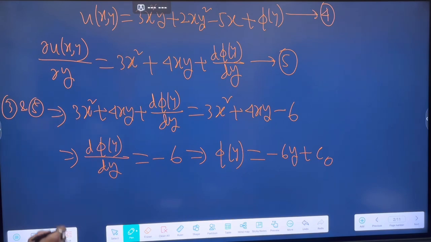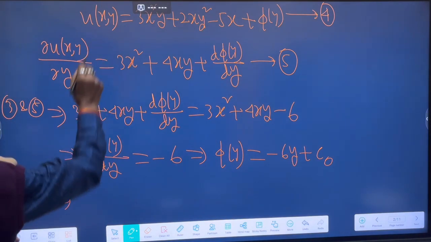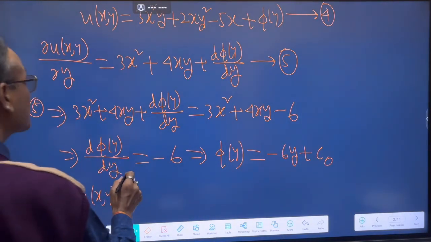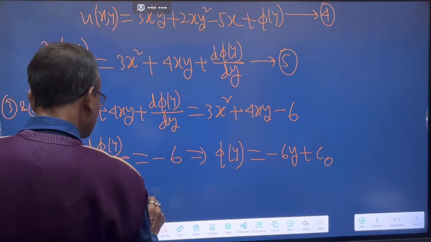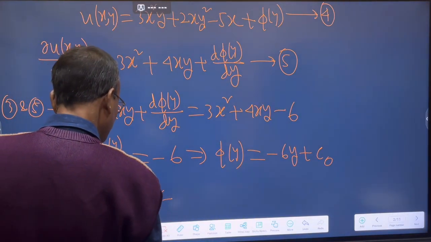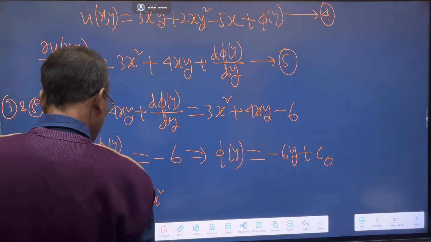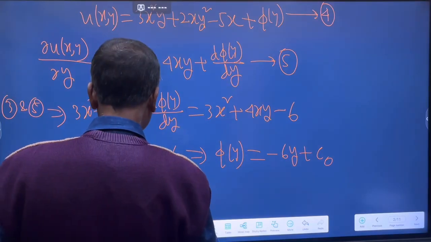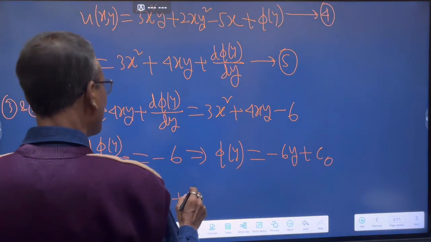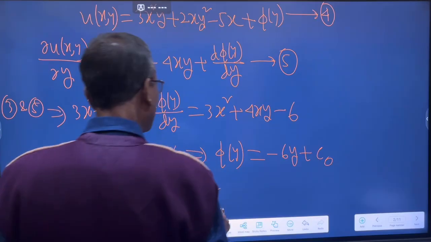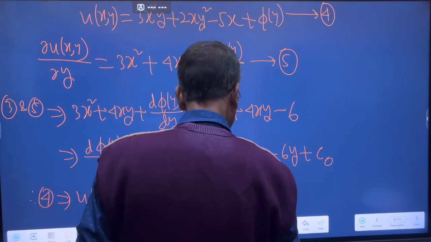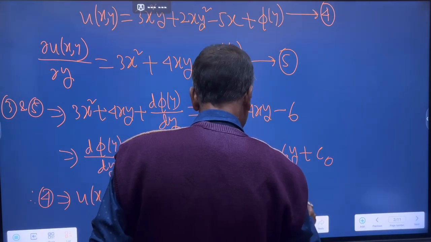Therefore, from 4 we get u of x, y equal to 3x square y plus 2x y square minus 5x, and for phi of y you will get minus 6y plus c.